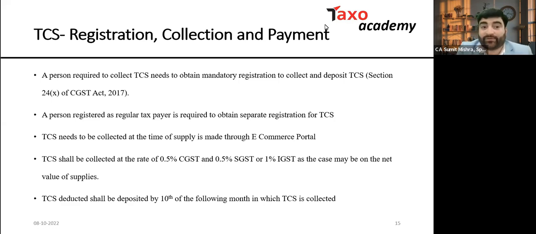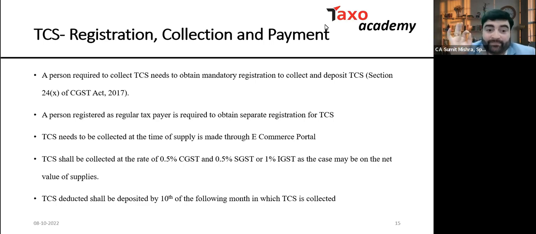So that's the provision of TCS: registration, collection, and payment. I'm just repeating the entire provision. Registration is mandatory for the e-commerce operator if it has to collect TCS, meaning taxable supplies are routed through the e-commerce portal.